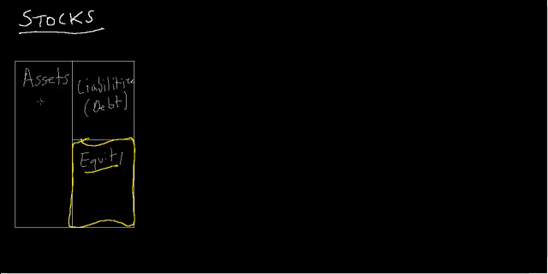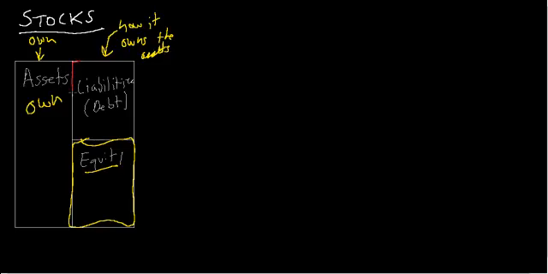Now, you'll remember that the assets show what a company owns, and let me just do it this way. This side shows what a company owns. This side shows how it owns those assets. So they can own assets two different ways.